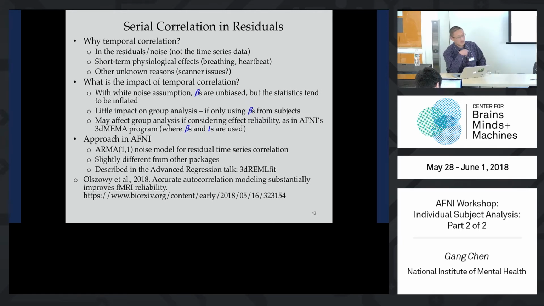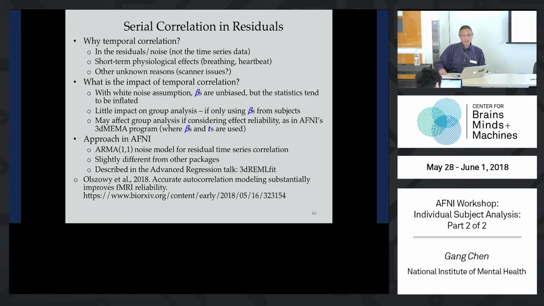But in fMRI, if we simply adopt the traditional regression model, the data is usually not white noise. I think the main reason is the physiological impact, such as breathing and heartbeat, and maybe the scanner's thermal fluctuations also contribute.